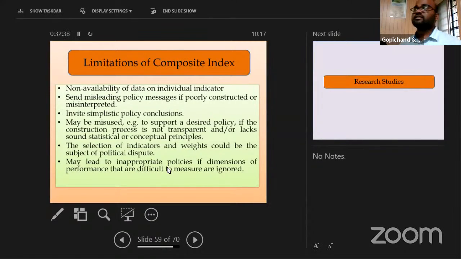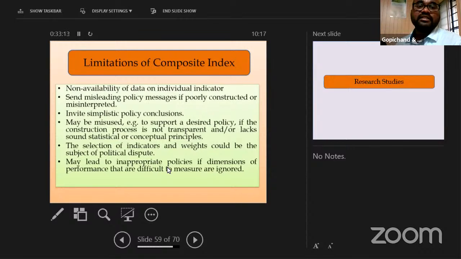Coming to the limitations of composite index: non-availability of data. If we construct the index and the data is not available, it will disturb the index. If the index is poorly constructed and unrelated, irrelevant indicators are selected, the policy decisions will change and messages will go wrong.